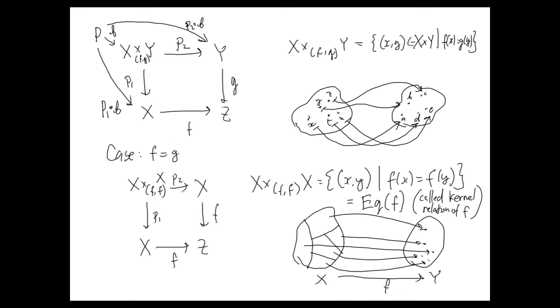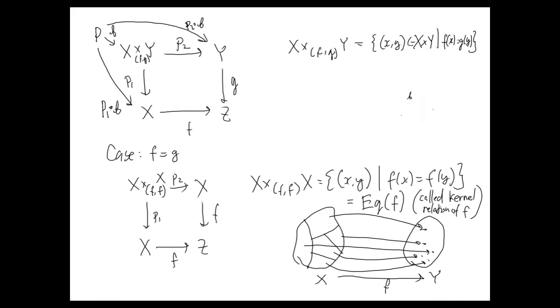So that's one case of a pullback when F equals G. Another case is the one we already implicitly considered, when Z is a singleton. In that case, of course, the pullback becomes the Cartesian product. As we already remarked earlier, I'm not going to spend too much time on that anymore.